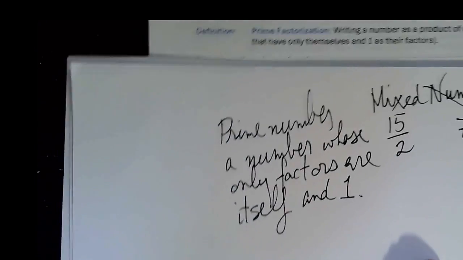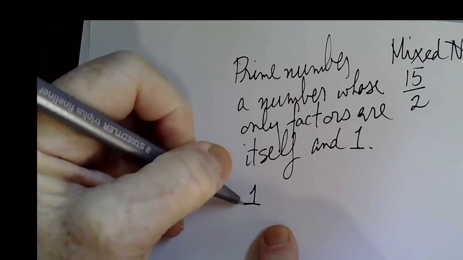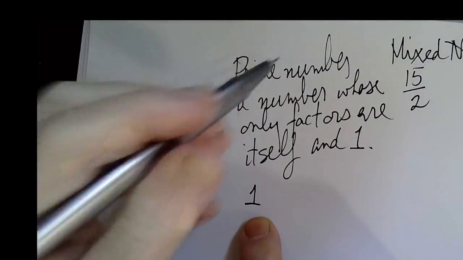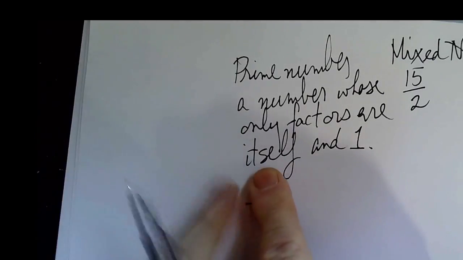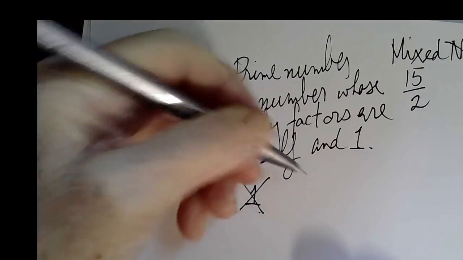So what the heck? So let's see. 1, by definition, cannot be a prime number because itself and 1 have to be separate numbers. So 1 doesn't get to work.